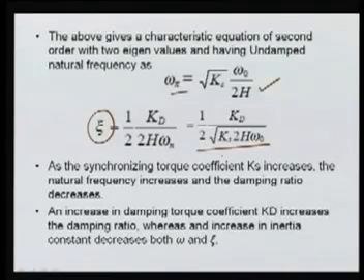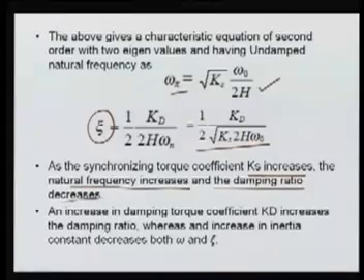So from the above characteristic equation, it is a second order system with two eigenvalues having this undamped natural frequency and this damping ratio. As the synchronizing torque coefficient Ks increases, you can see the natural frequency increases and the damping ratio decreases. Once Ks increases, omega n increases, however the damping ratio decreases.